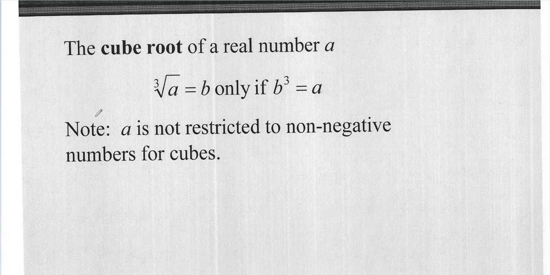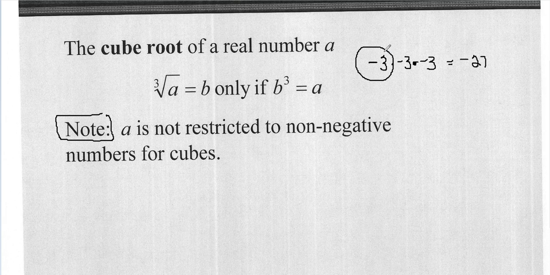Note, very important note here: a is not restricted to non-negative numbers for cubes, because you could have something like -3 times -3 times -3. These are 3 values of -3 that equals -27. So the cube root of -27 is indeed -3.